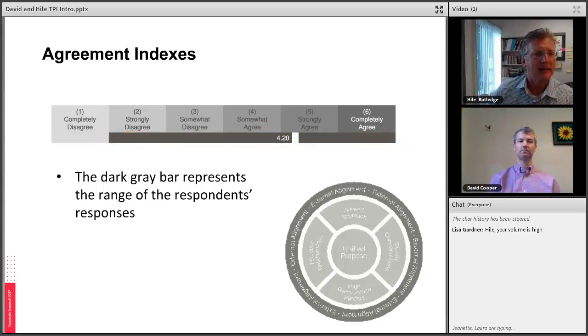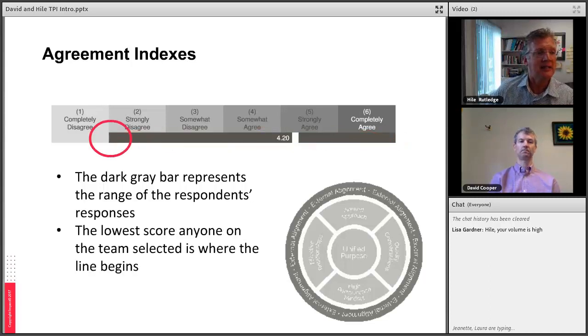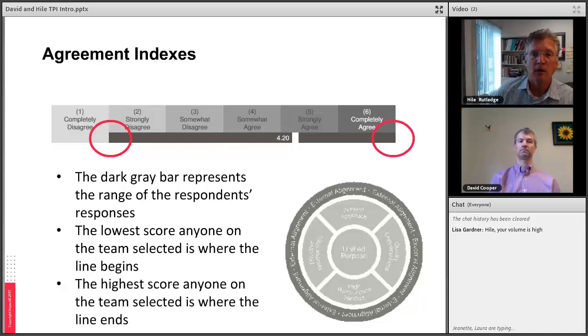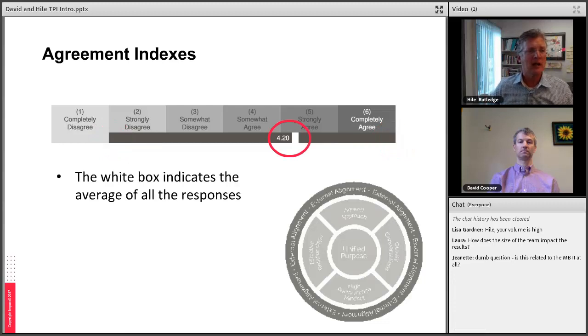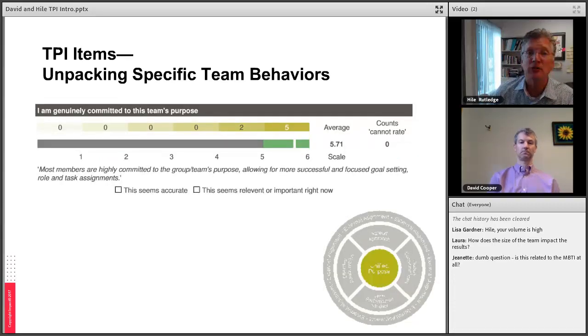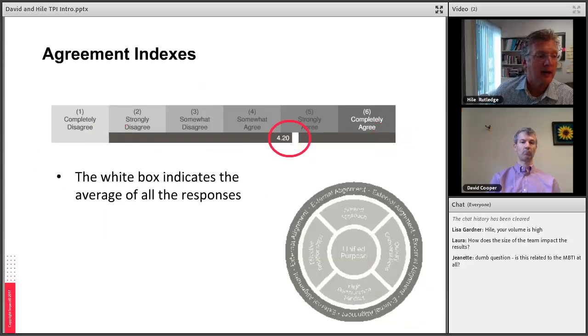The lowest score is where the gray bar begins. The highest score is where the gray bar ends, and the white box indicates the average of all the responses together. So we get to see this on a very high level.